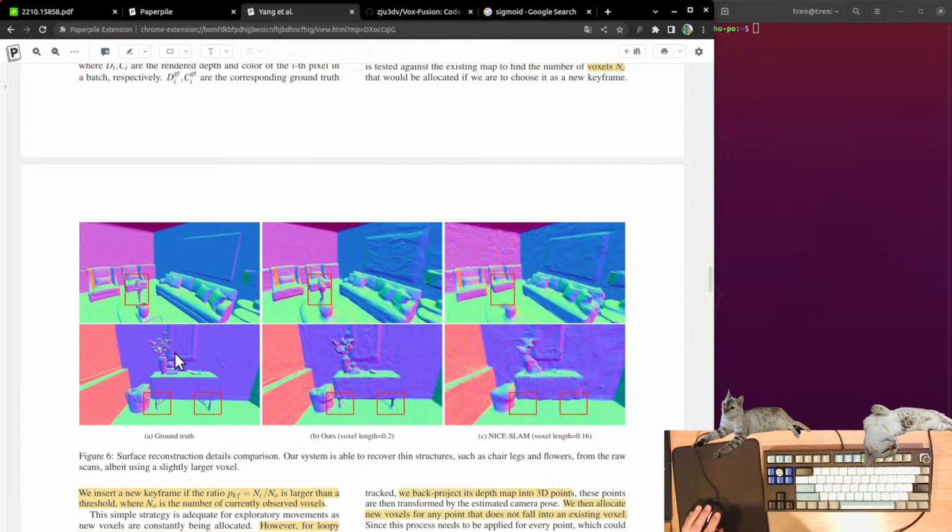See how in the ground truth scene there are legs underneath this table, and there's also this flower pot here, and they're basically saying these thin structures are captured. The mesh that is reconstructed from their signed distance function has the flower pots and the table legs, whereas NICE-SLAM does not.